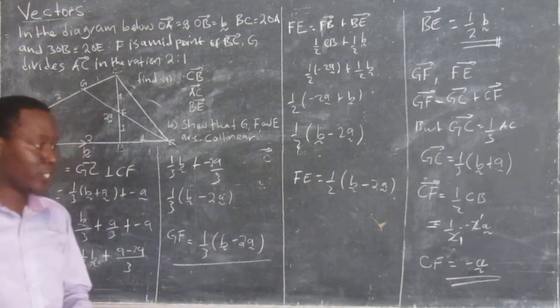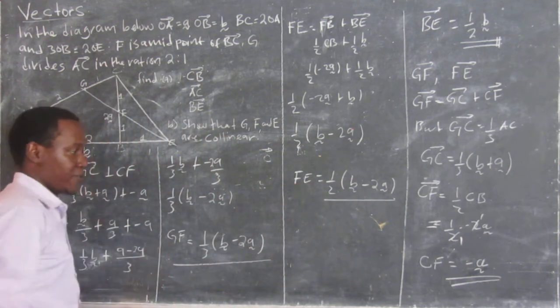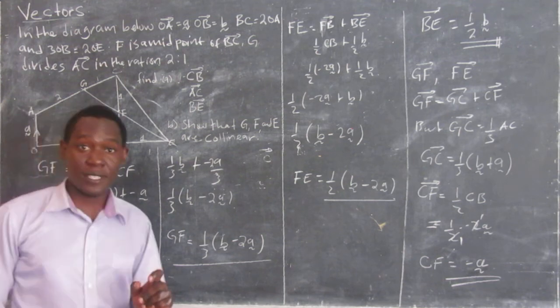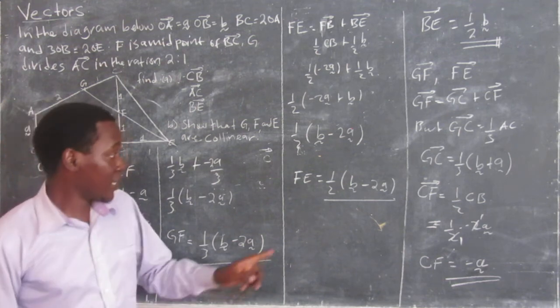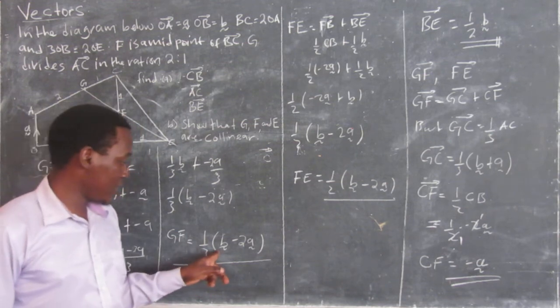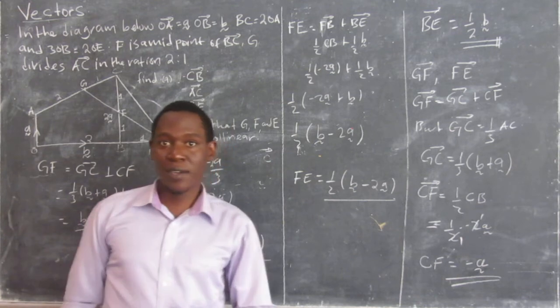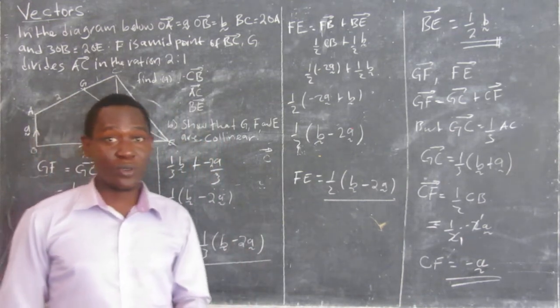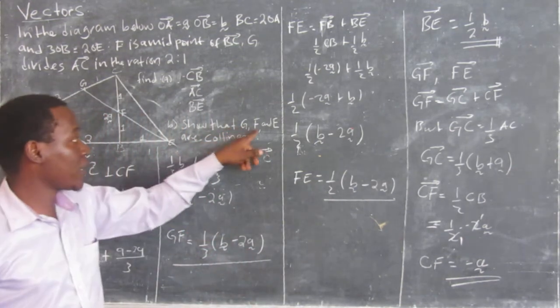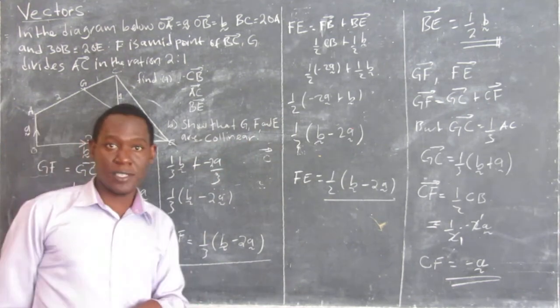Now, if you look critically enough, you see that FE and DF are the same. They have the same vector and different scalars. Here the scalar is a half, and here the scalar is a third, but the vector is B minus 2A here, and B minus 2A here. Now, if that appears, then you conclude by saying the points G, F, and E are collinear, reason being they have the same vector.